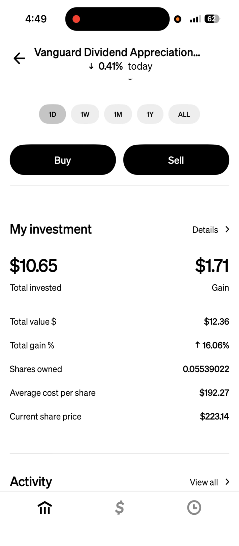And where it says total gain percent, and you look to the right, I'm up 16.06% of my money, which is $1.71. Now, of course, $1.71 is not a lot, but if you can make 16.06% of your money, that's huge.